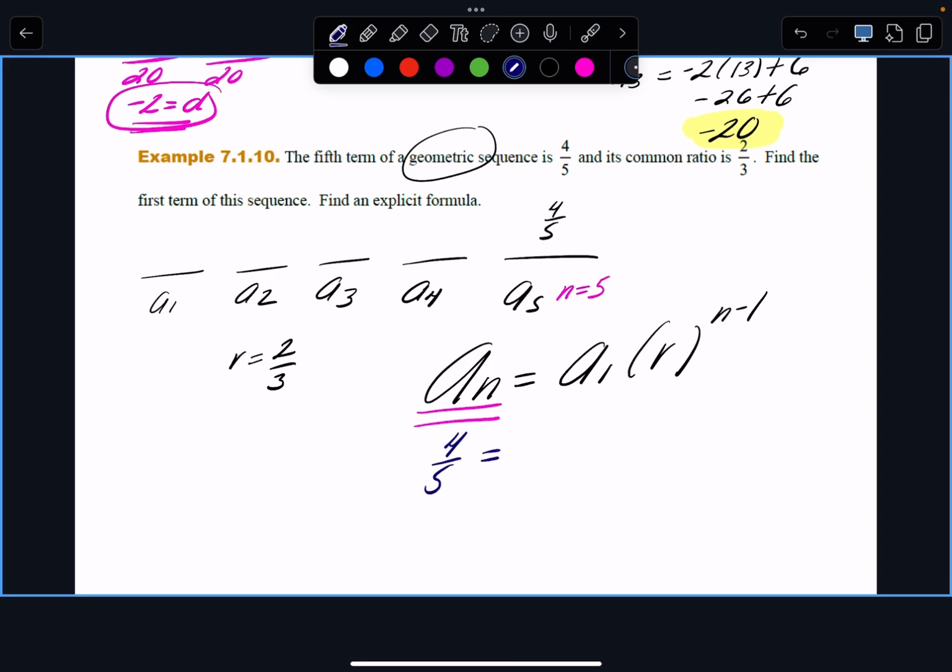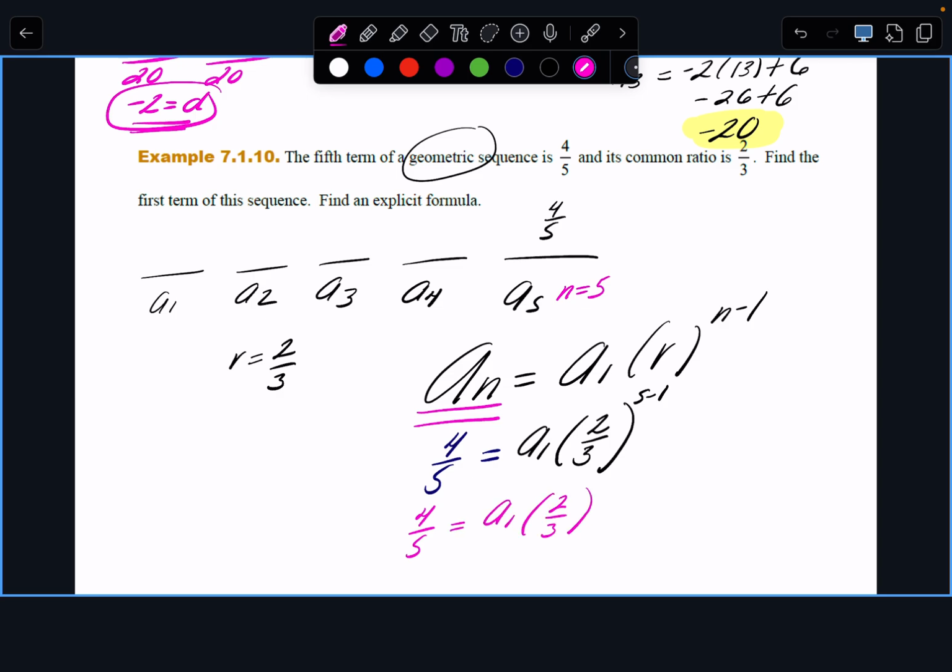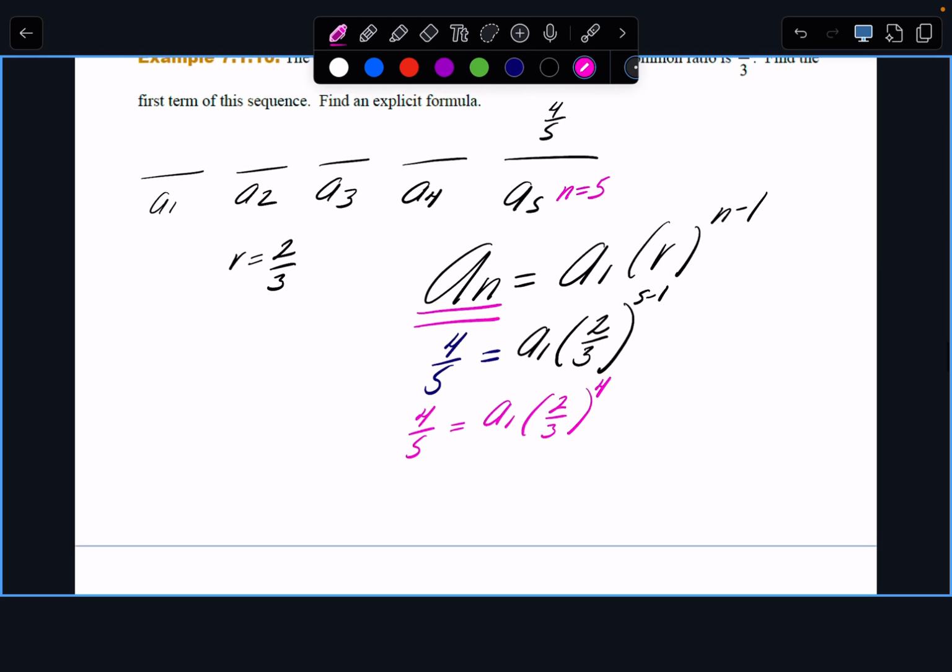So write 4/5 equals a sub 1. Do we know r though? 2/3. And then this will actually be way better. I like the formula. So then what is n? We said 5 minus 1. Do you guys agree? So now we have 4/5 equals a sub 1 times 2/3 to the 4th.